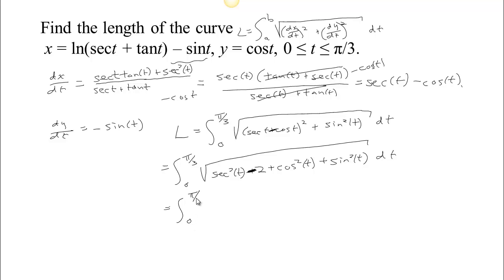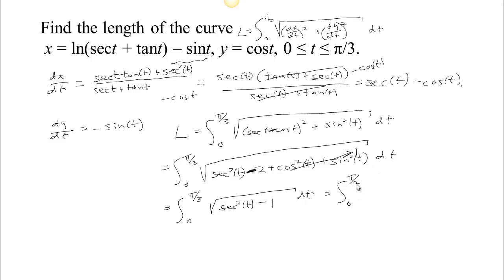The integral from 0 to pi thirds, and let's see. Negative cosine squared plus sine squared, that's 1. Negative 2 plus 1 would be negative 1. So we have the square root of secant squared t minus 1. But that's an identity as well, because tangent squared plus 1 is secant squared.